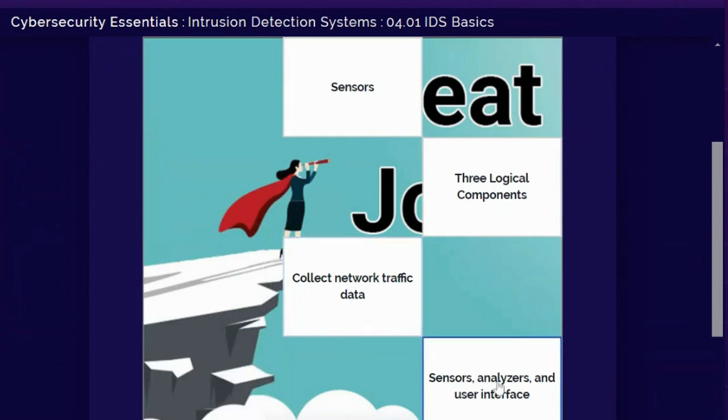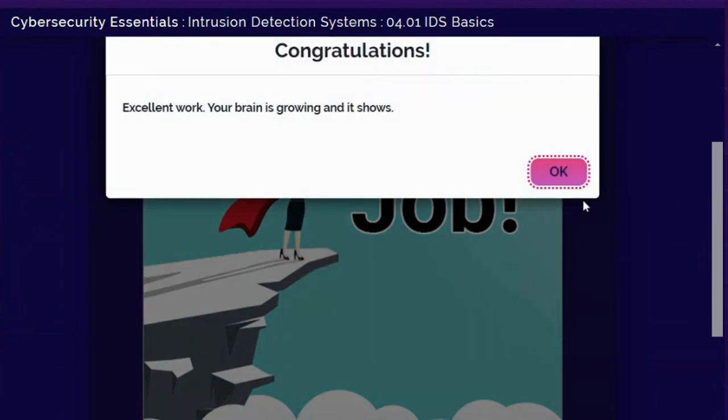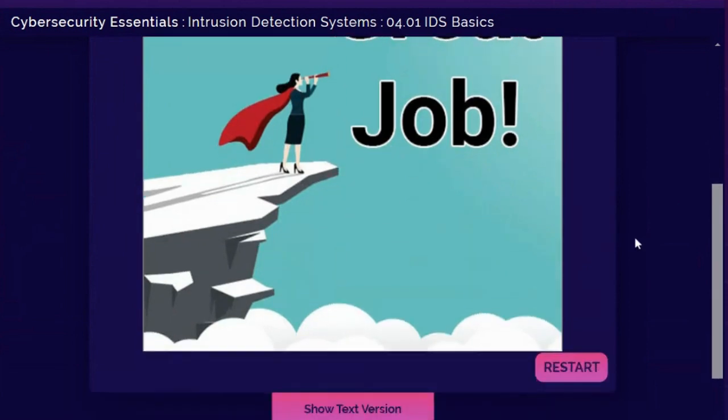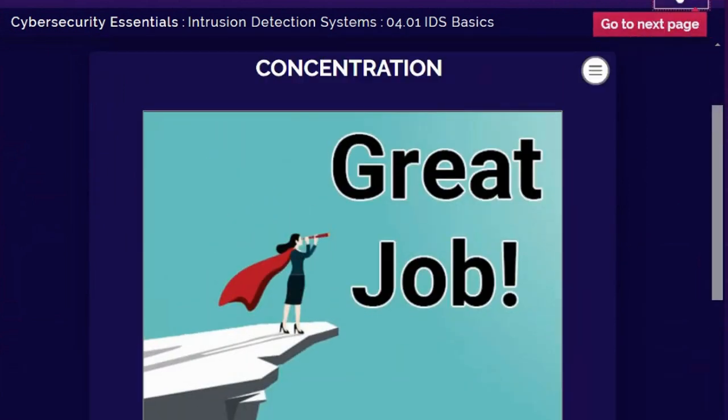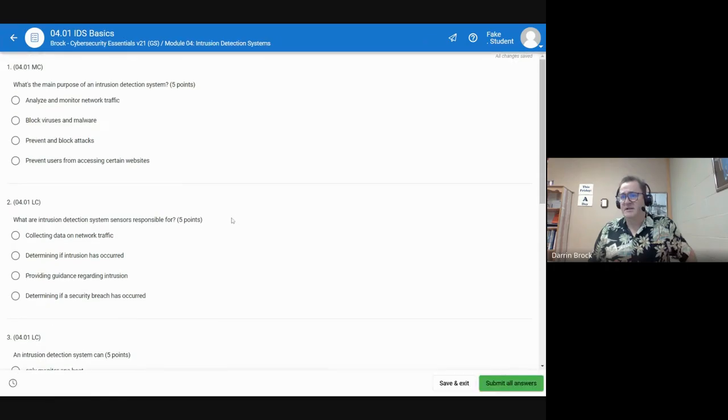Sensors, analyzers, and user interface. Well, that's obviously the three components, which means our sensors collect the traffic data. Great job. Oh, that's our little reward there, the reward photo. So, all right, that's the last page of that IDS. Very important part of our whole cybersecurity system.